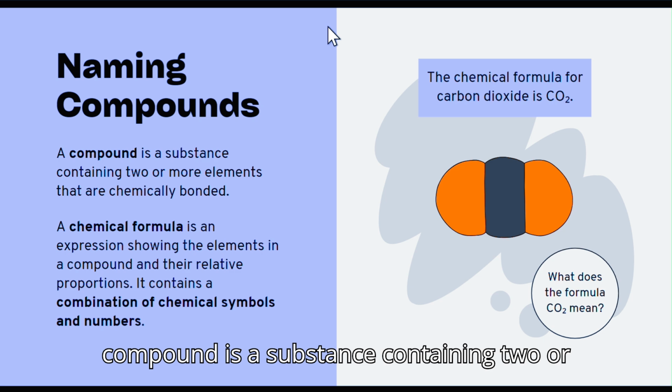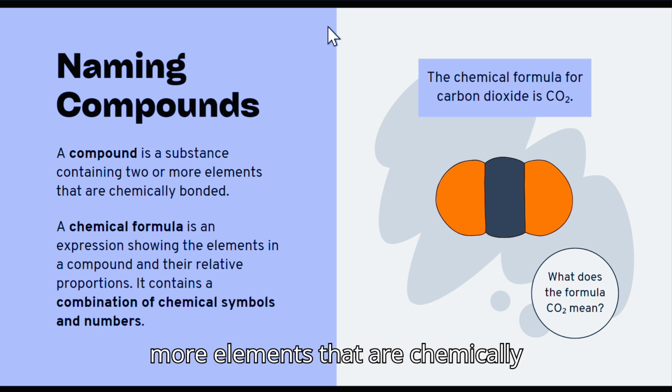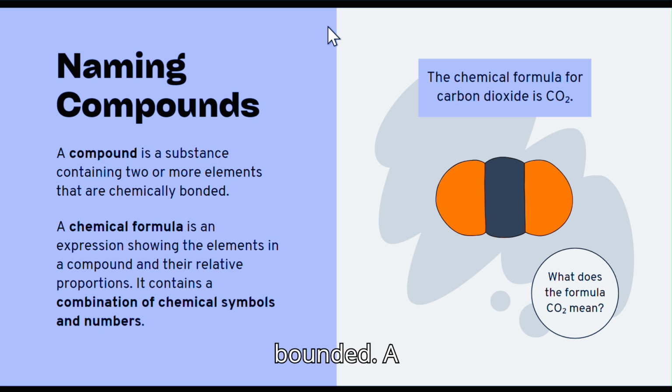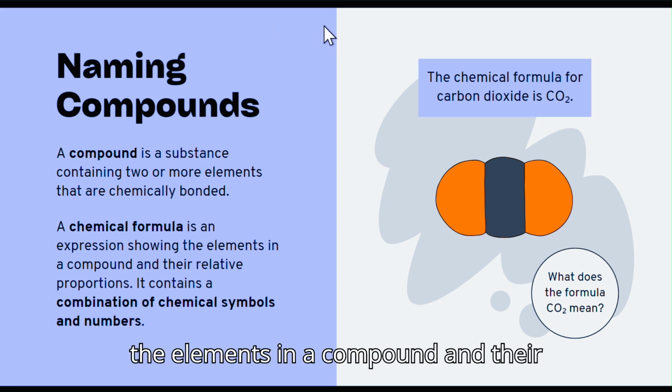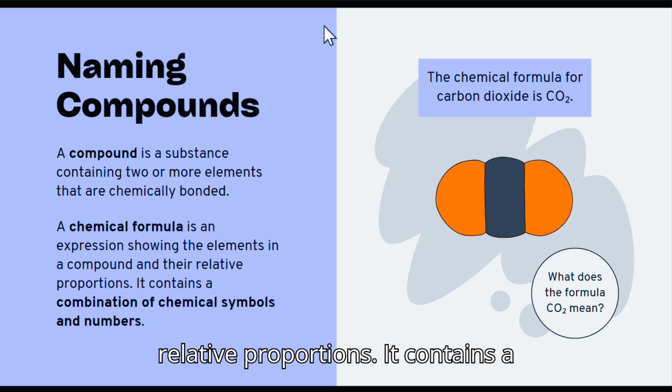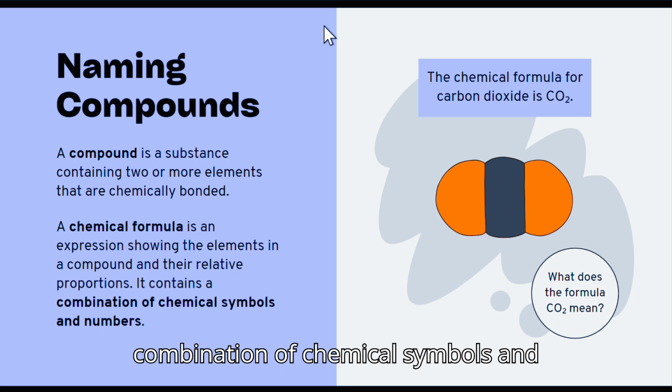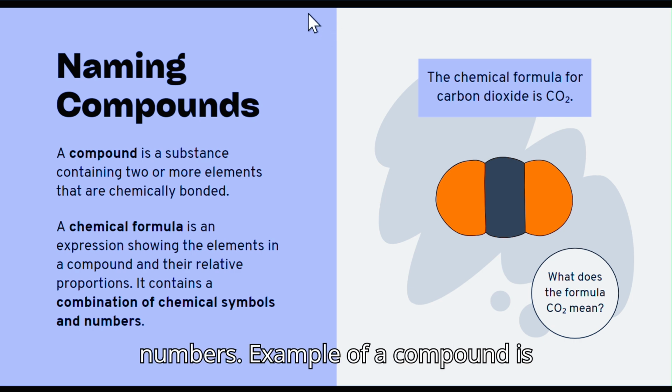A compound is a substance containing two or more elements that are chemically bonded. A chemical formula is an expression showing the elements in a compound and their relative proportions. It contains a combination of chemical symbols and numbers. An example of a compound is CO2.